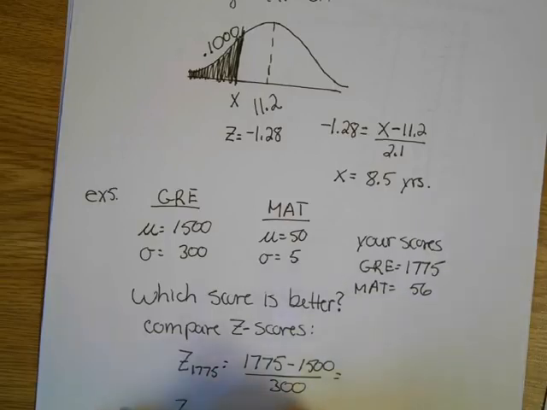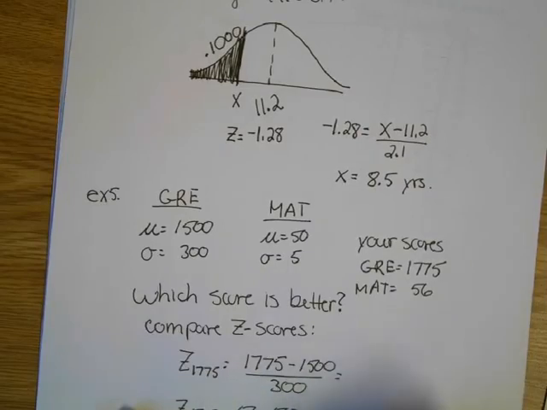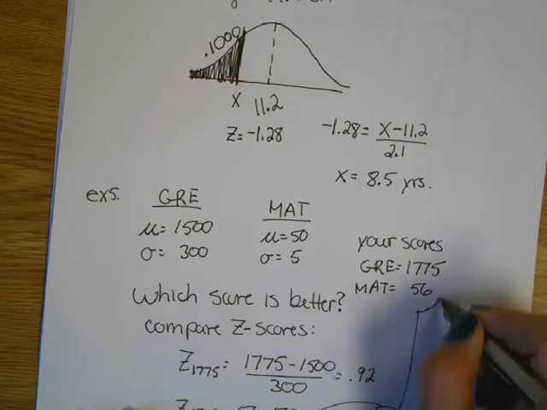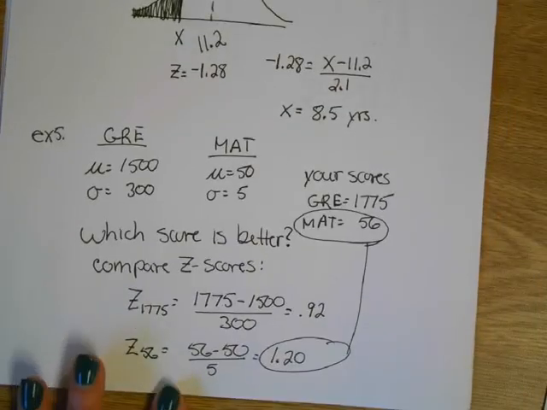And then the z-score for the 56. This one's 1.2. The other one's 0.92. So here's your better one. Higher z-score, better. Can you move that down a little? Yep, there it is. Now I'm done.